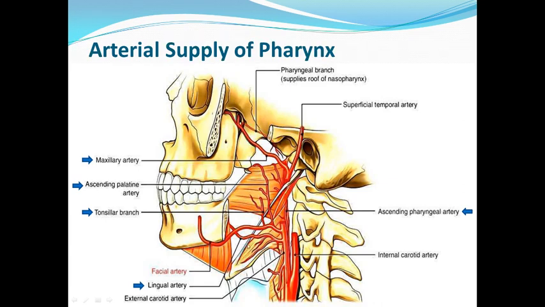And the last but not the least are the branches from the maxillary artery, that is the greater palatine branches, pharyngeal branches, and the pterygoid branches of the maxillary artery, which will supply arterial blood to the pharynx.